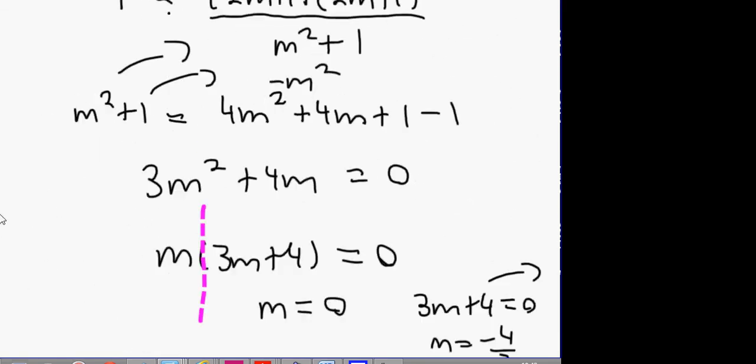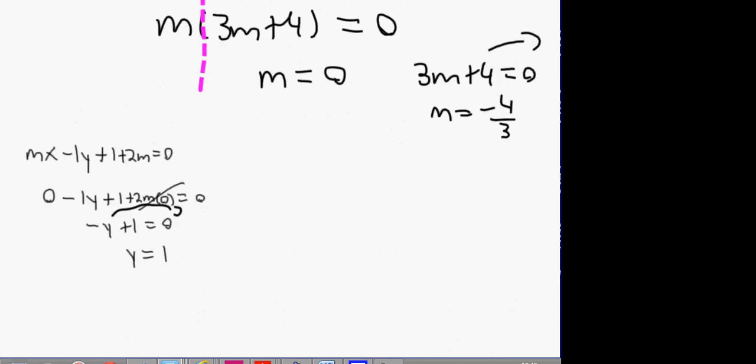Next one is I got to replace m with minus 4 over 3. So I can get minus 4 over 3x minus 1y plus 1 plus 2 times minus 4 over 3 equals 0.